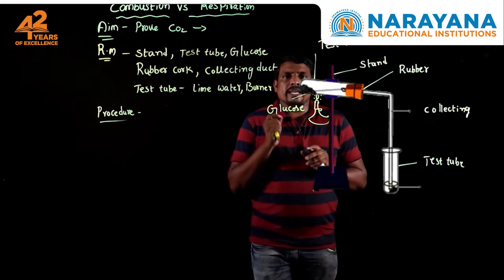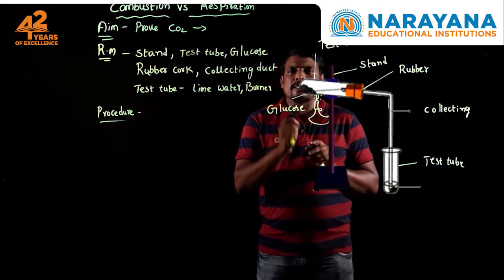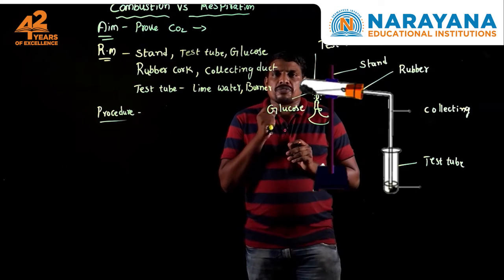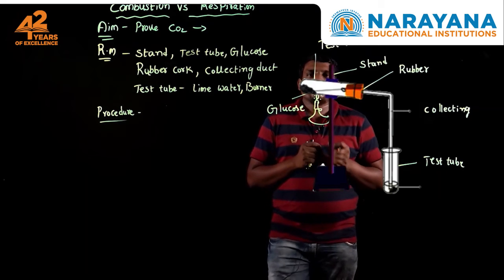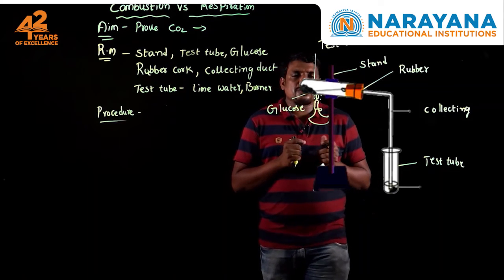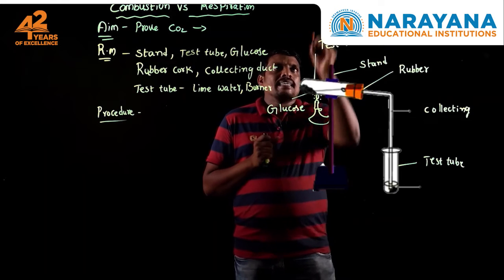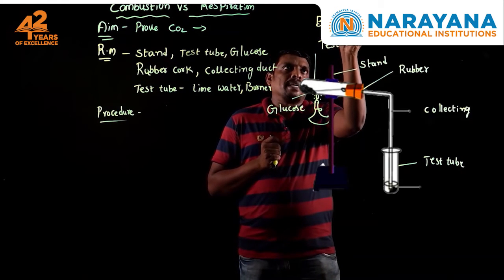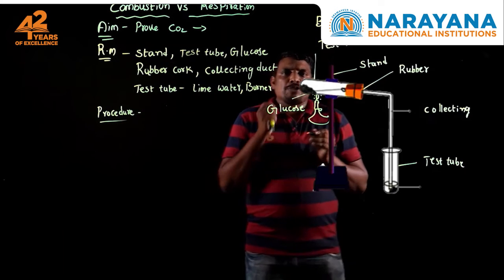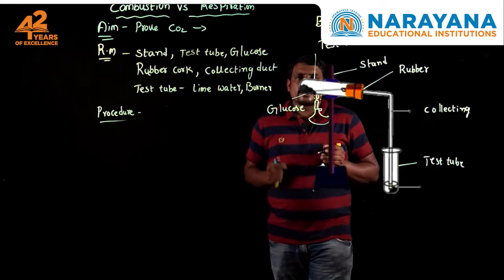If you slowly heat up the glucose which is present in the test tube, after a few minutes the glucose burns. Here remember the word burning. When you heat up something, it will burn, right?